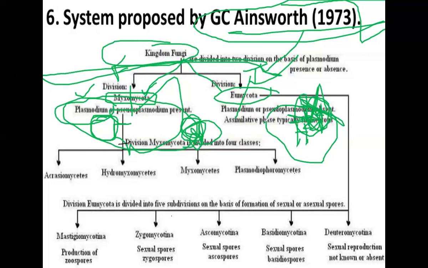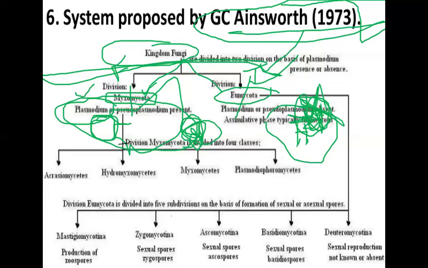The Eumycota thallus structure is called hyphae, whereas the Myxomycota thallus structure, a question asked so many times, is the plasmodium.